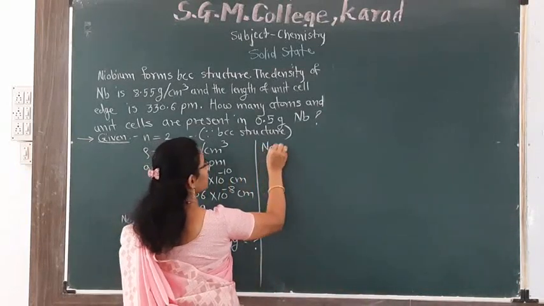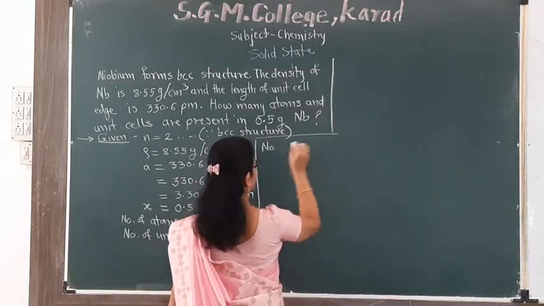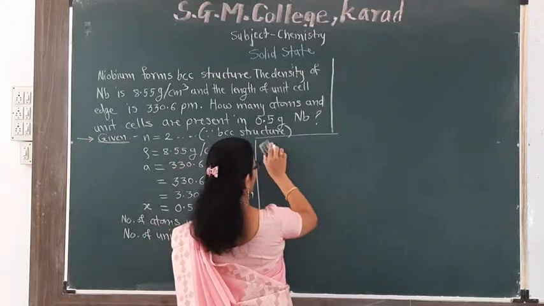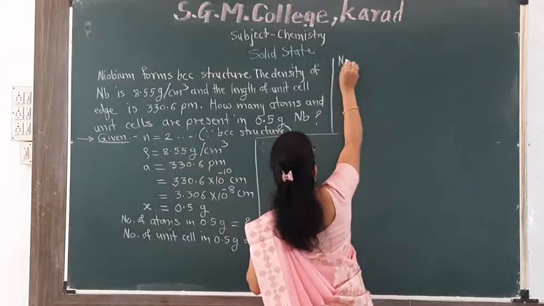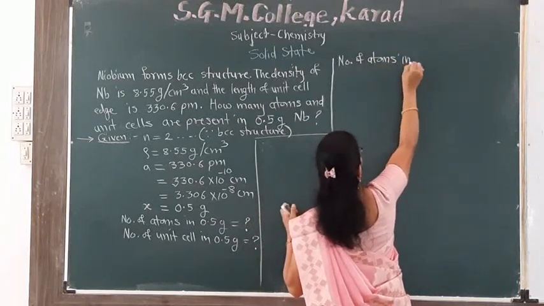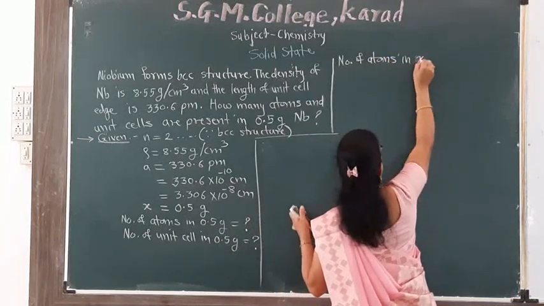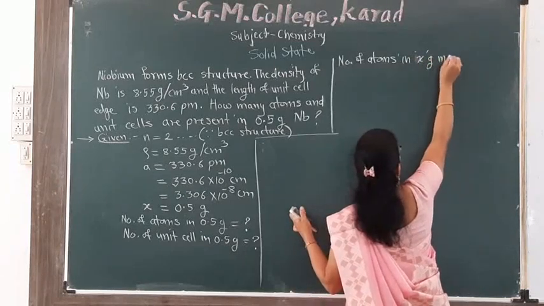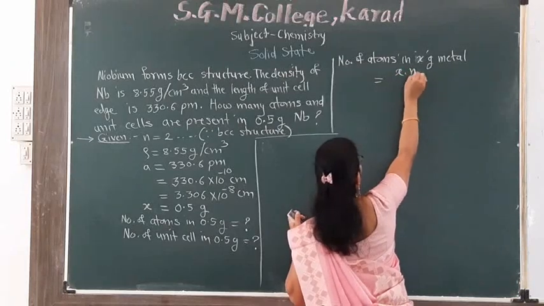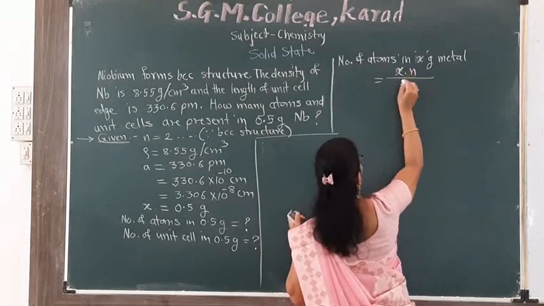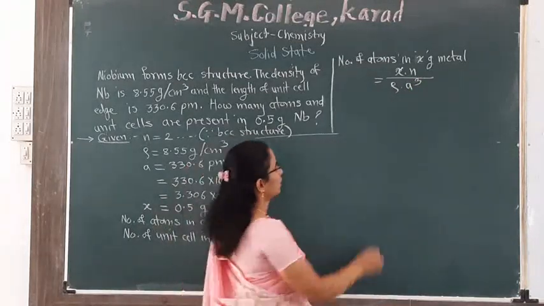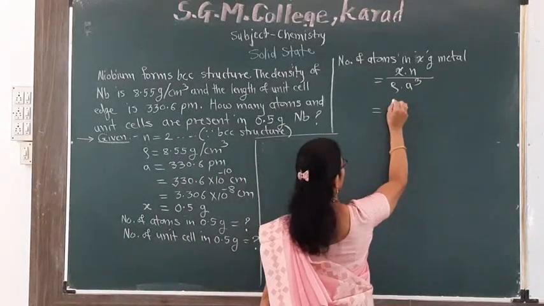Number of atoms in X gram of metal. What is the relation? It is equal to X into n divided by density rho into A cube. So insert the values in this equation.